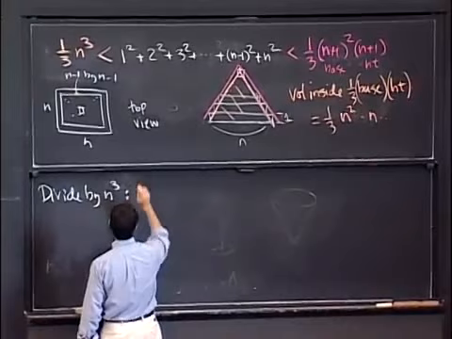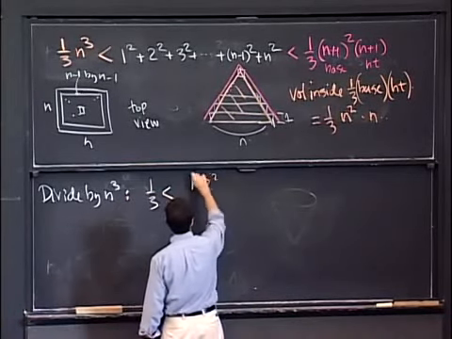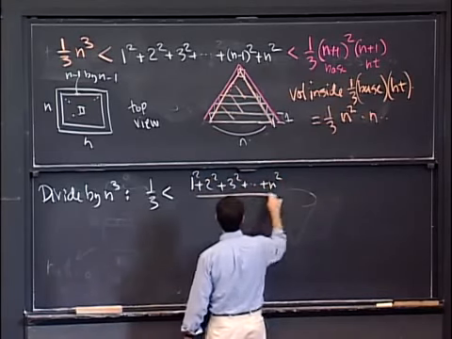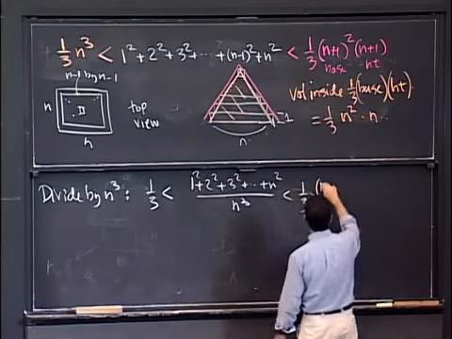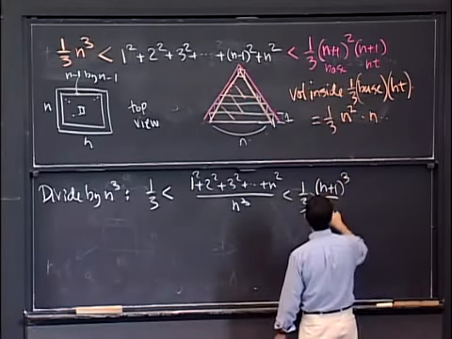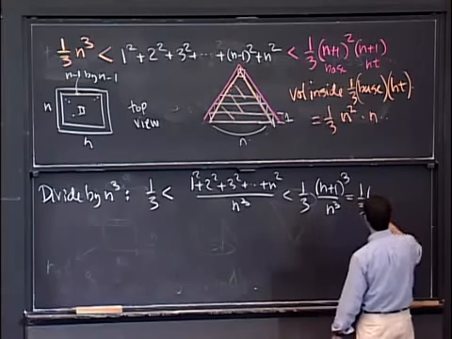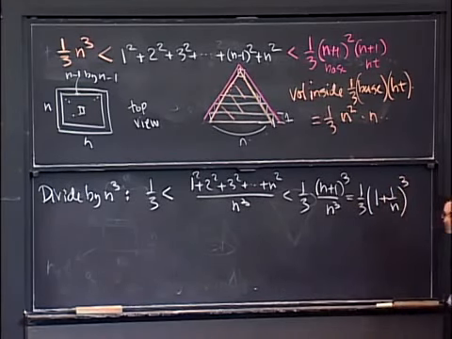And what I get here is 1/3 is less than (1 squared plus 2 squared plus 3 squared plus ... plus n squared) divided by n cubed, which is less than 1/3 times (n plus 1) cubed divided by n cubed. And that's 1/3 times (1 plus 1 over n) cubed.